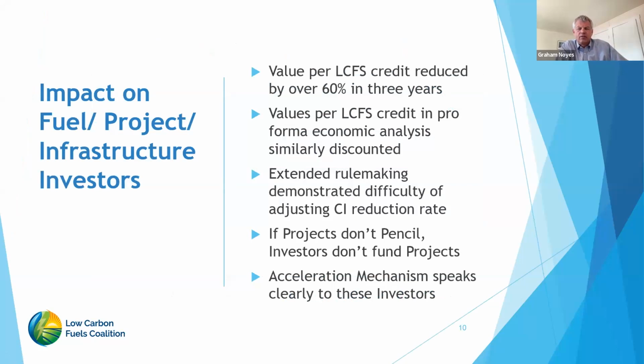We saw that even though there was recognition within CARB and the market that CI values were lower than they could be and should be, you just cannot make a rulemaking turn on a dime. As those of us who get into the regulatory details know, there are a lot of requirements involved in making rule changes, and particularly major rulemakings, and many of those just simply have long time hurdles.